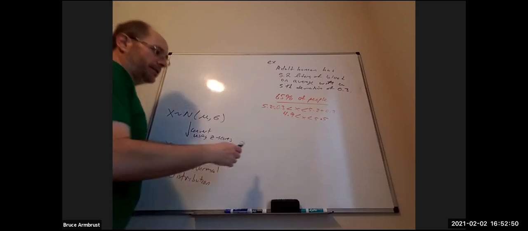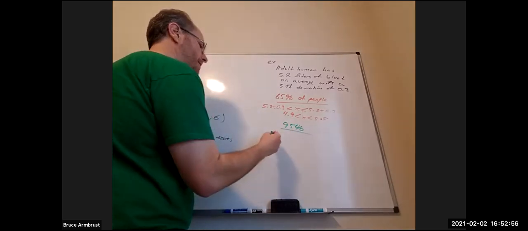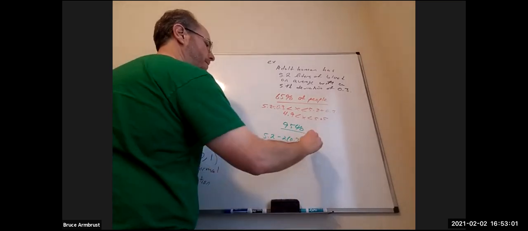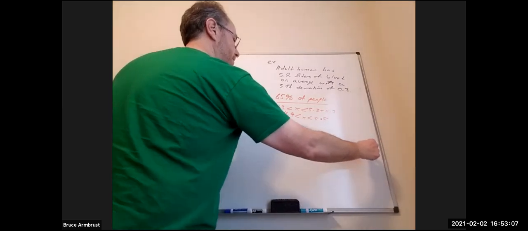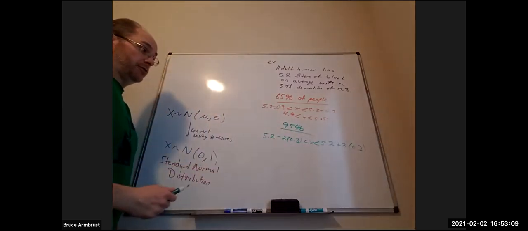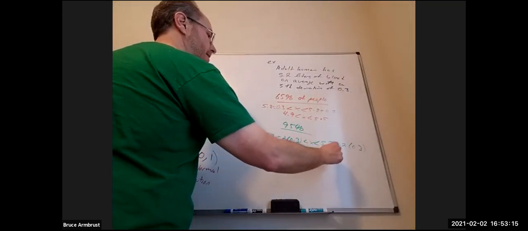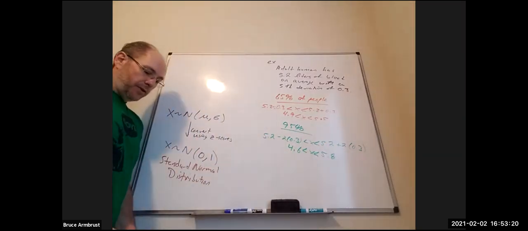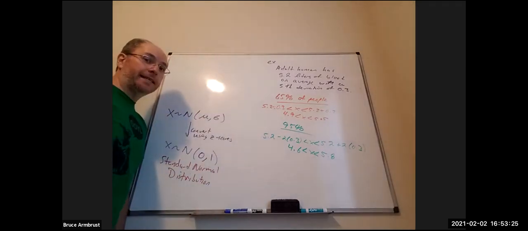If we bump it up a notch, we know that 95% are going to be between 5.2 minus 2 times 0.3 and 5.2 plus 2 times 0.3. So 2 standard deviations. If we put those in, that's 4.6 and 5.8. So 95% of people are going to have between 4.6 and 5.8 liters of blood in their body.